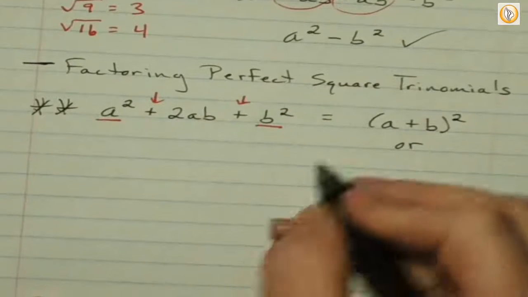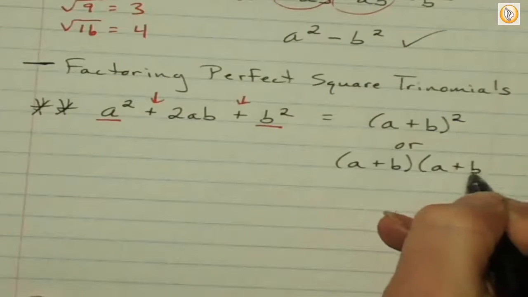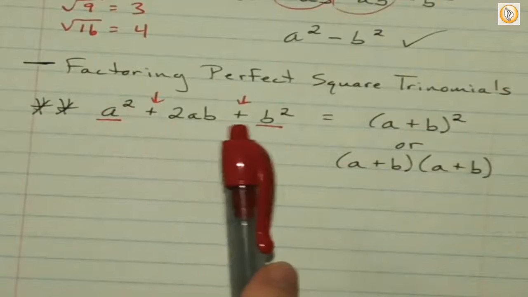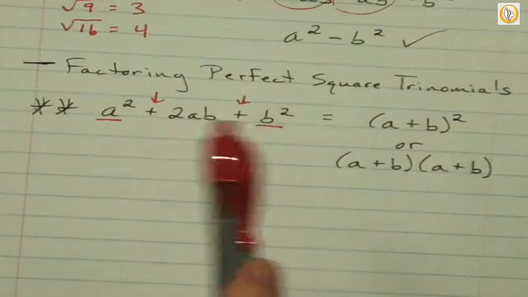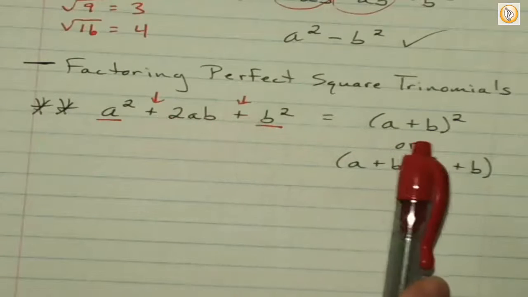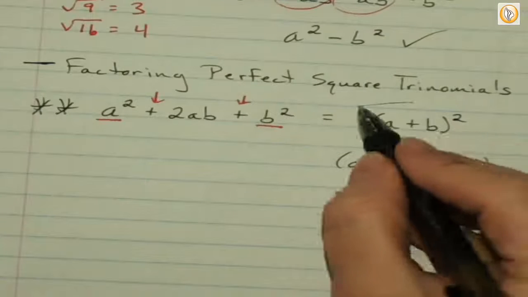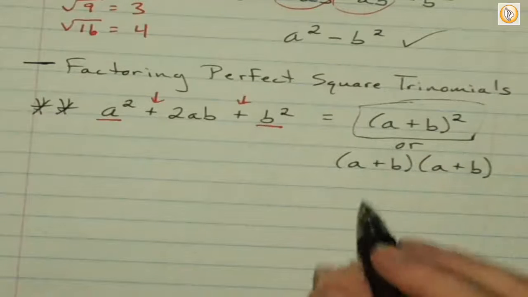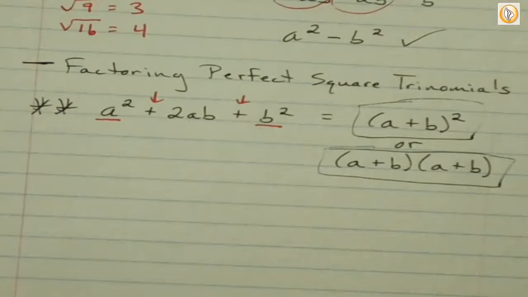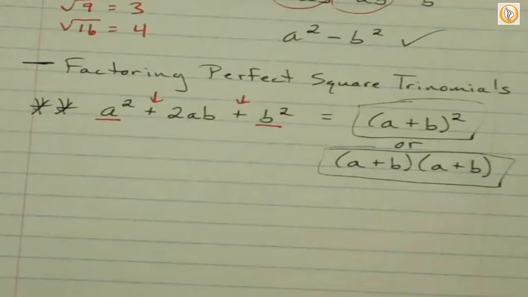Or, because I don't count off for this, a plus b times a plus b. So if your problem looks like this, perfect square, double in the middle, plus and plus, here's your answer. A plus b squared, or a plus b times a plus b.